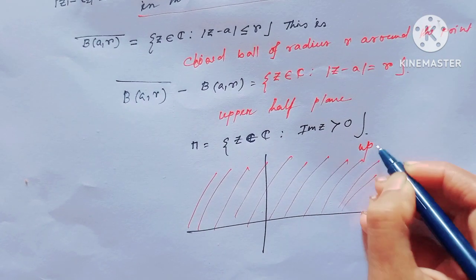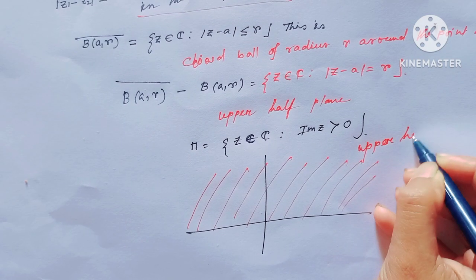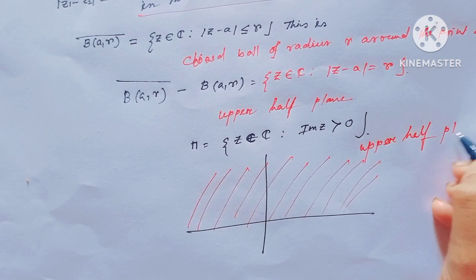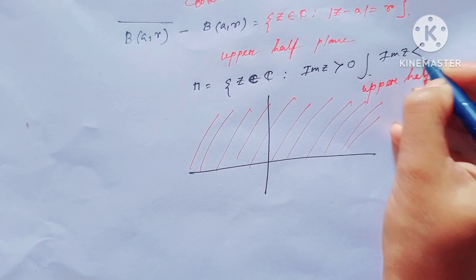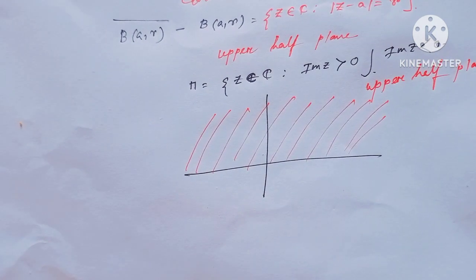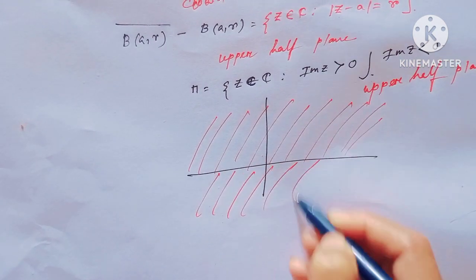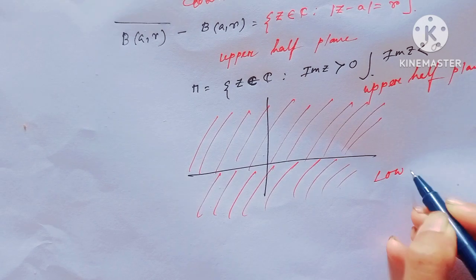This is the upper half plane. And if the imaginary part of z is less than 0, then this would be the lower half plane.